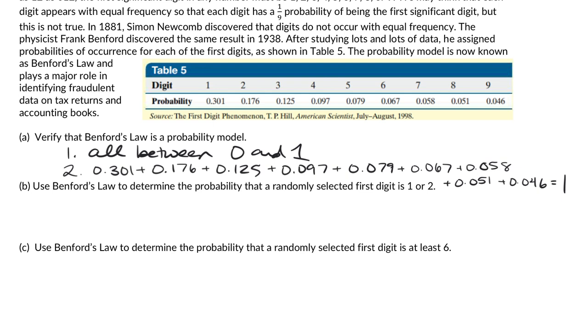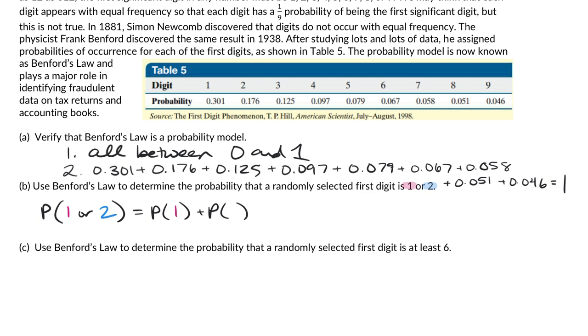Now, part B says to actually use Benford's Law, so use the table, to determine the probability that a randomly selected digit is 1 or 2. If we are finding the probability that event 1 or event 2, which is like event E and event F, occur, we can do this separately as the probability of 1 plus the probability of 2.